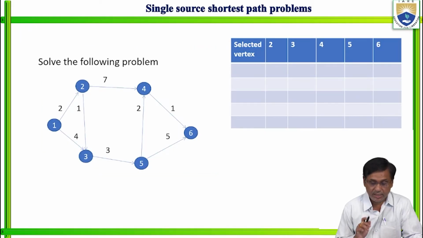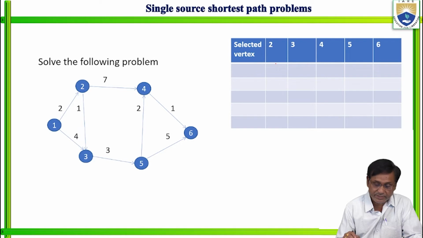Now consider another problem. In this problem, again we have to use the same procedure. So select 1 as the starting vertex. Now find the distances. The distance of vertex 2 from vertex 1 is 2.